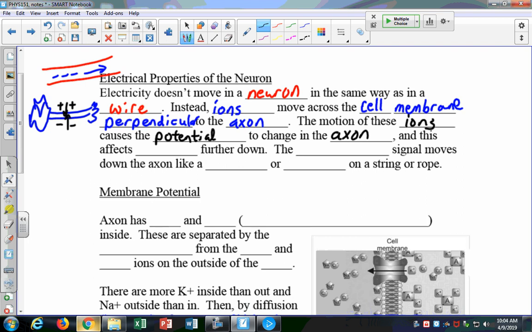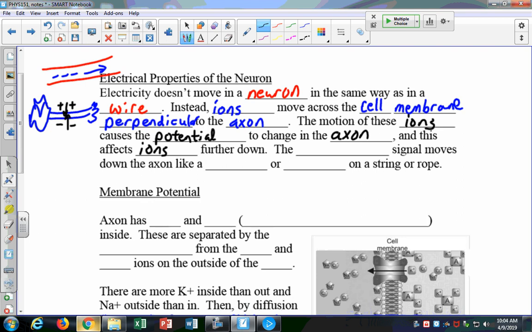Have y'all heard that before? Action potential, membrane potential? Yeah, some of you know. Anyway, it changes the potential in the axon, and then this causes ions to move further down. So it's kind of like a wave, that you have this wave that moves through the axon.